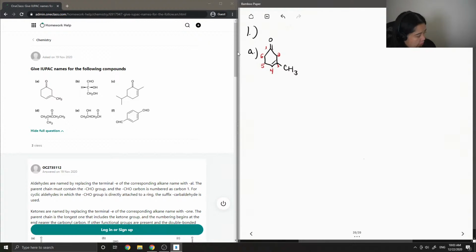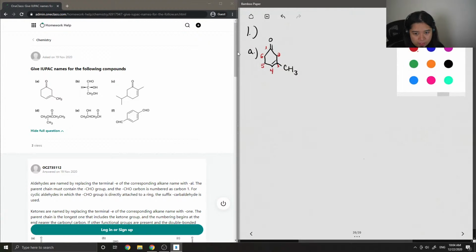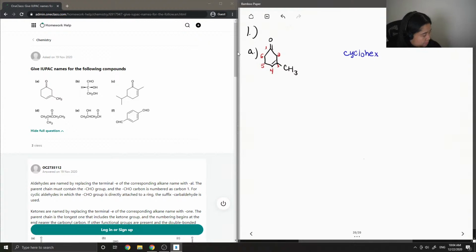Okay, so after I number all the carbons, I'll first write out the parent, which in this case is the ring itself. So when you name ringed compounds, you write cyclo, and then since there are 6 carbons in the ring, I'm going to put cyclohex.